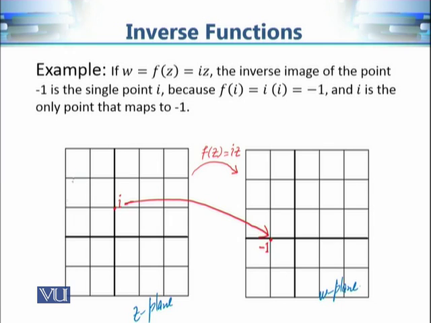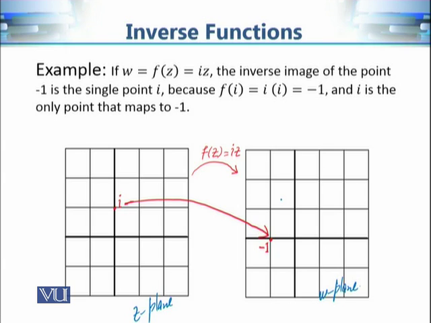And no other point from the z plane maps to the point minus 1. So in other words, we can say that the inverse image of minus 1 is iota. Now in this case, when we try to find the reverse procedure of this function f of z, it is possible, because the inverse image of minus 1 is iota.